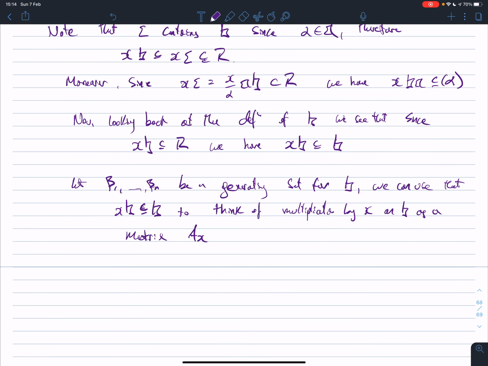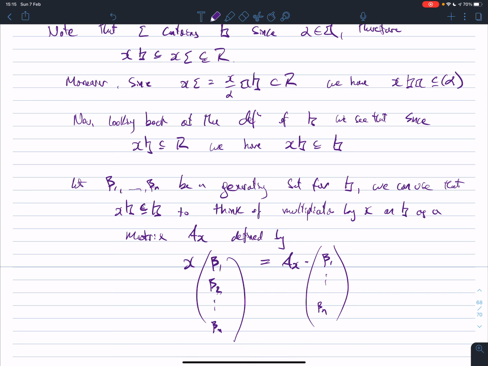This is very similar to the standard representation definition. We had a matrix attached to the map, which was multiplication by x. This matrix is defined by x times beta 1, beta 2, up to beta n equals A_x times beta 1 to beta n.